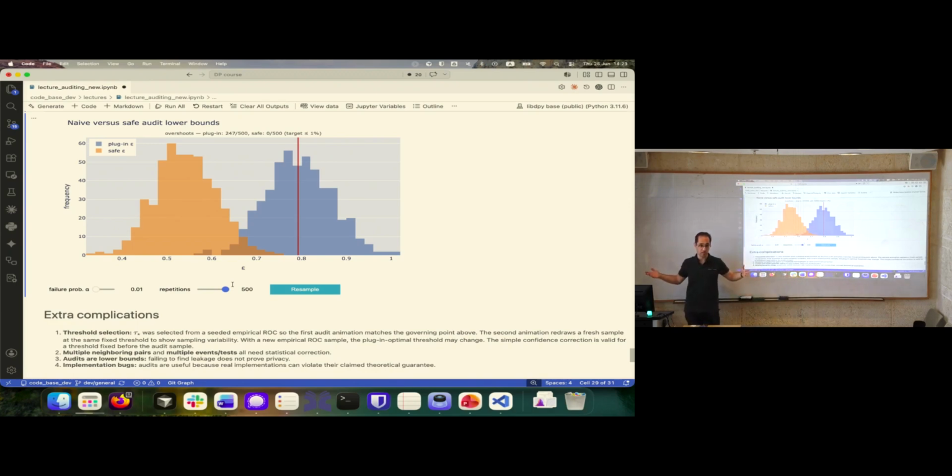But you do that, and you say, look, I ran the experiment a bunch of times, and I'm much better at guessing that an element was in the data set when it was indeed in the data set than when it was not. Therefore, I have a point that's very far from the diagonal on the ROC curve. Therefore, you're really not private.